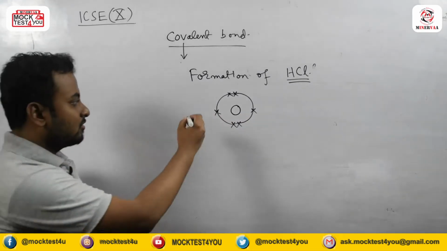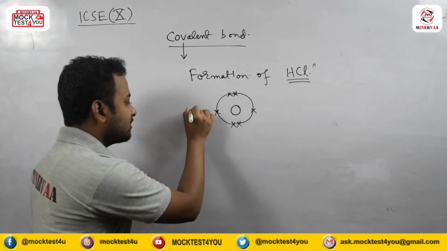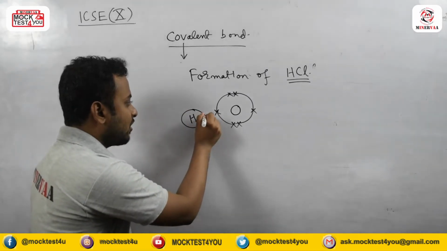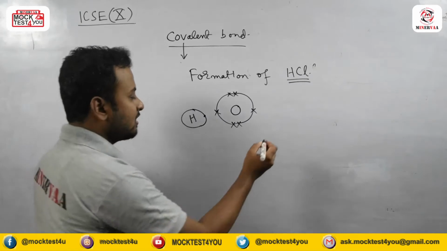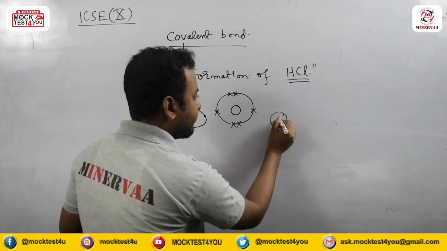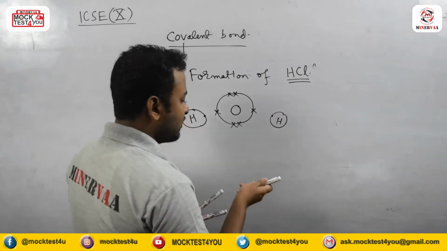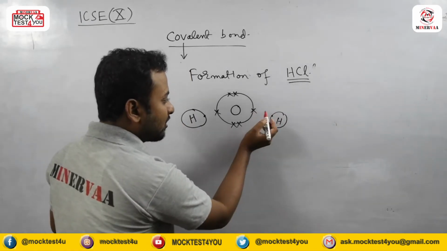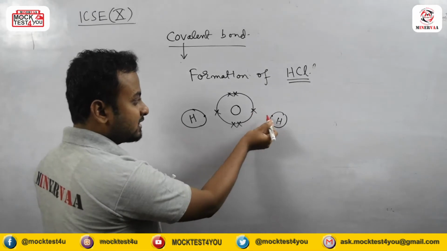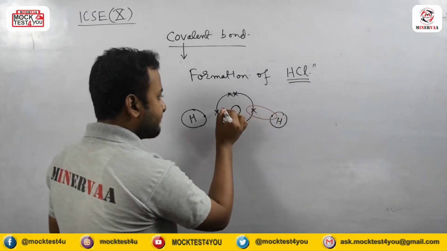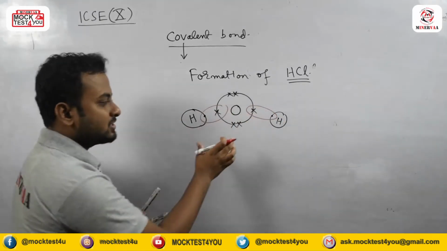It will do this by sharing of electrons. Hydrogen already has 1 electron in its valence shell. So this 1 electron will be shared with oxygen and 1 electron of oxygen will be shared with hydrogen, so there will be mutual sharing.